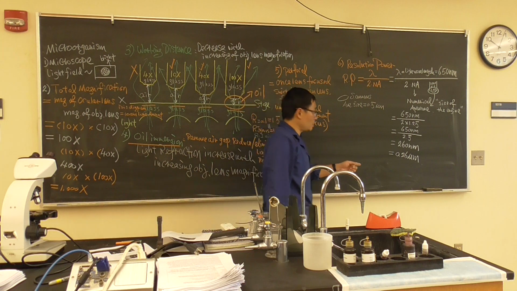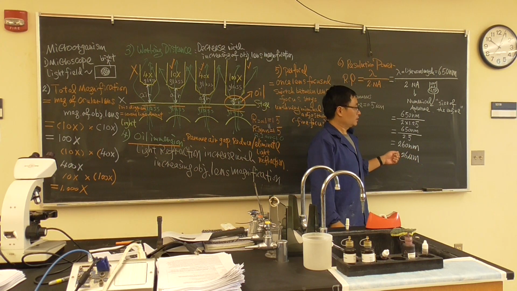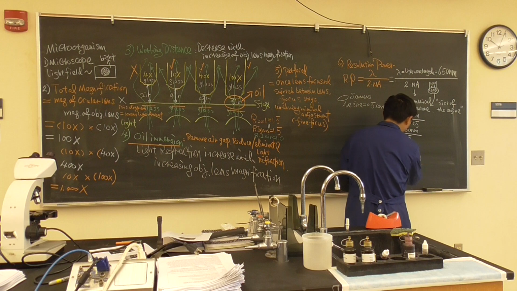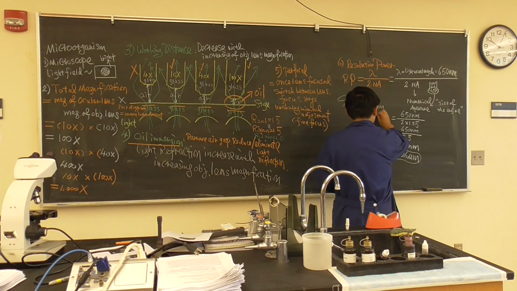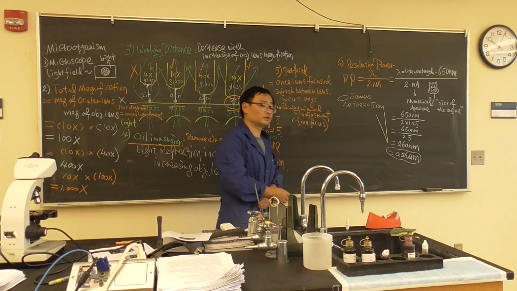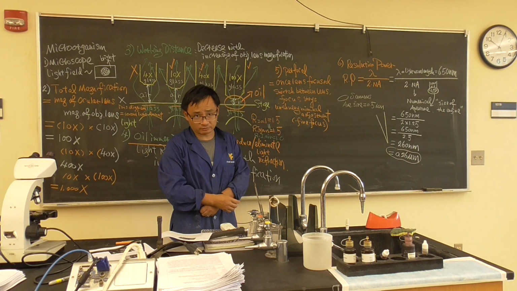The resolution power of the light microscope we have today, with oil immersion, is 0.25 micrometer. This number is smaller than 0.5 micrometer, which means we can do a clear observation.